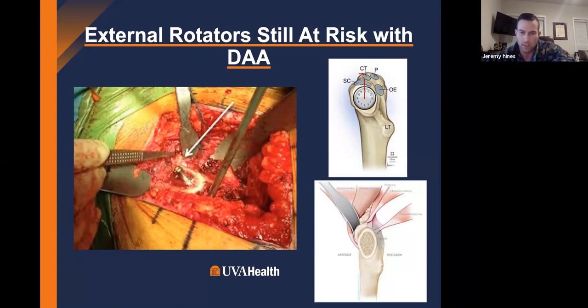Once you get that retractor in the back under the trochanter, you have to do more releases of the superior and superior posterior capsule. And there your short external rotators are, and they're not labeled in the operating room. So I do think that a lot of surgeons may get into that area, and whether that is a big deal or not is debatable, but it's not necessarily completely sparing.